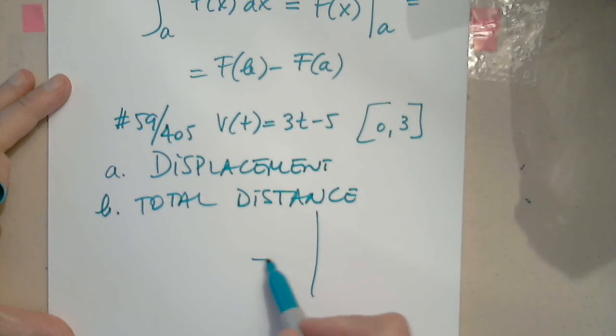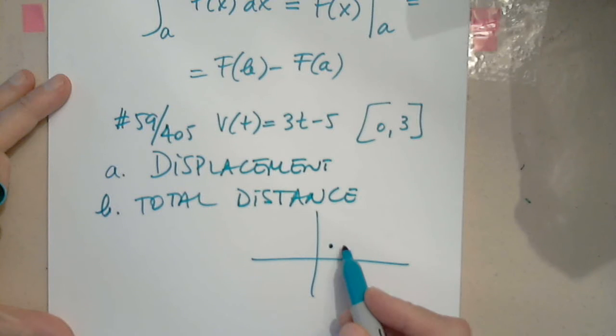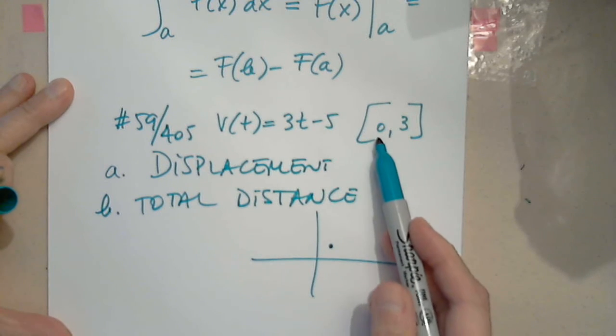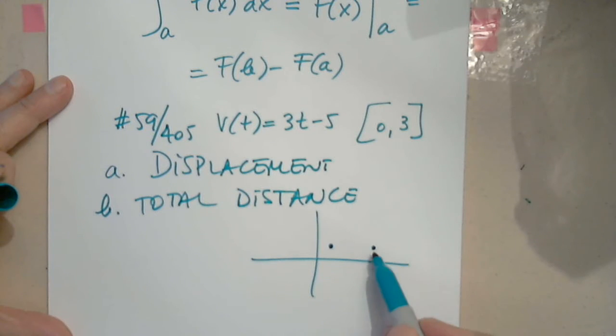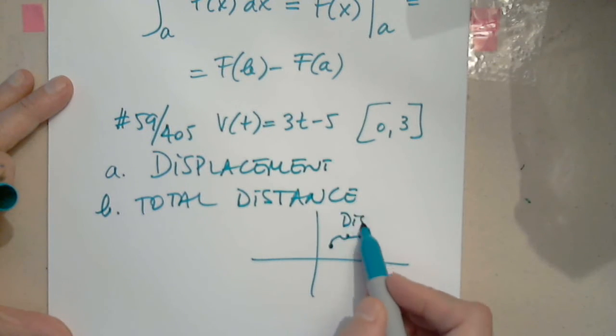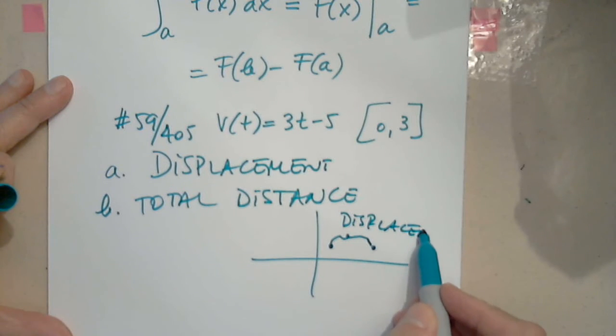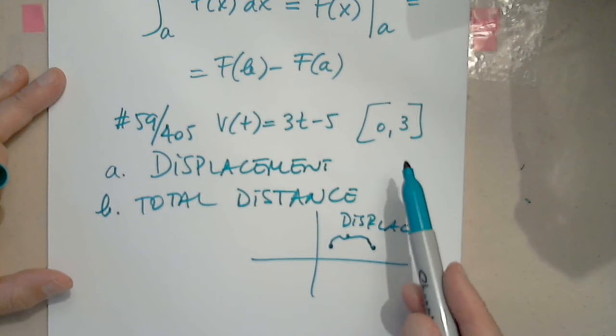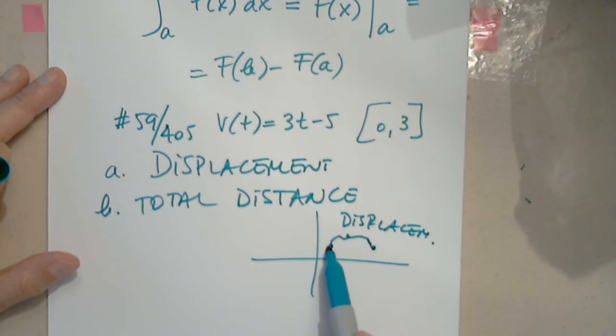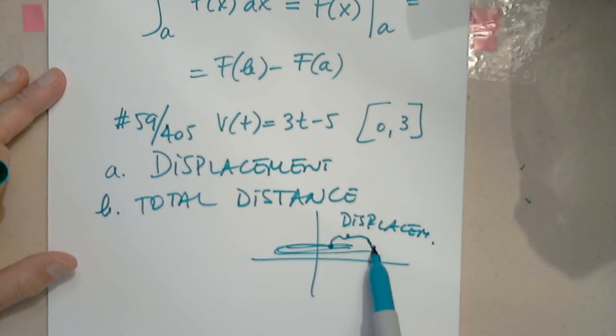So let's suppose a particle starts moving here at time 0 and ends here at time 3. This is the displacement on that given interval. Now, it can do this, it doesn't matter.